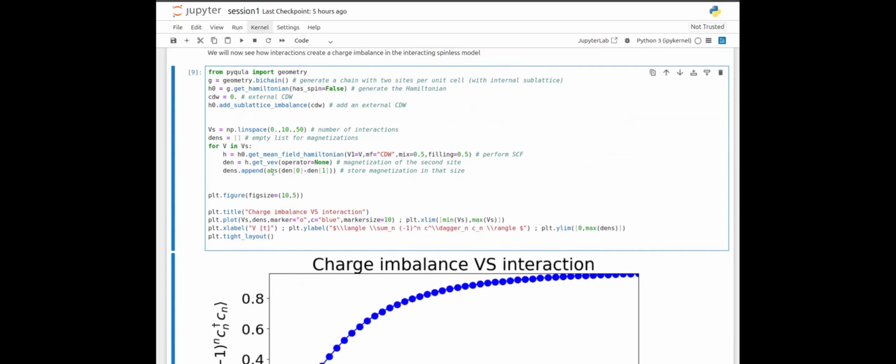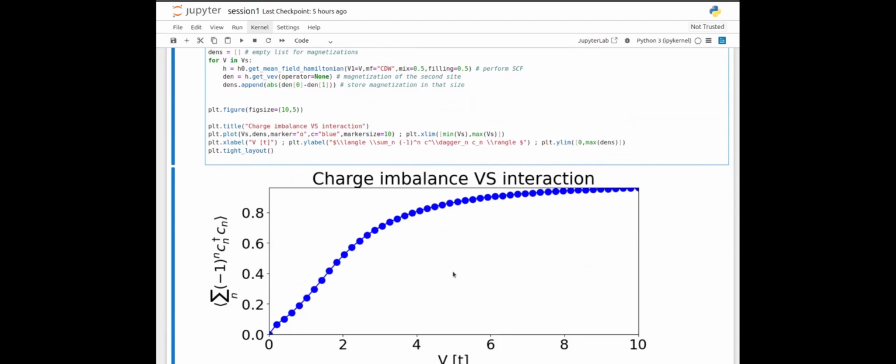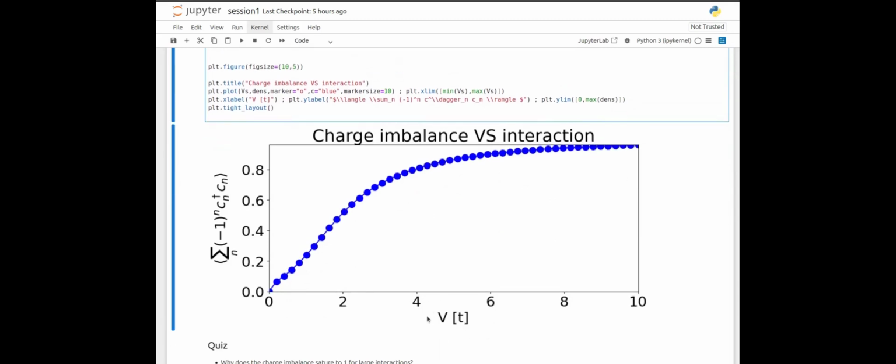So what is the difference between the charges in even sites and odd sites? And the plot that we get is the following. So at zero interaction, there's the same charge in the even sites and in the odd sites as it should be. But then as we increase the value of the interaction, we effectively get more and more charge imbalance between even sites and odd sites.